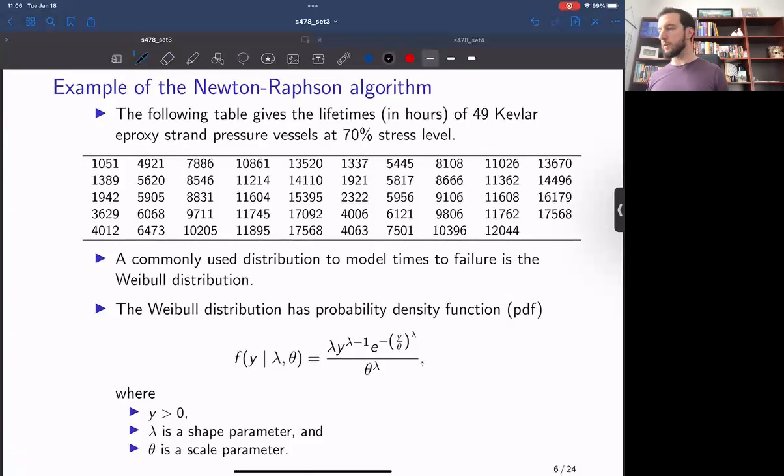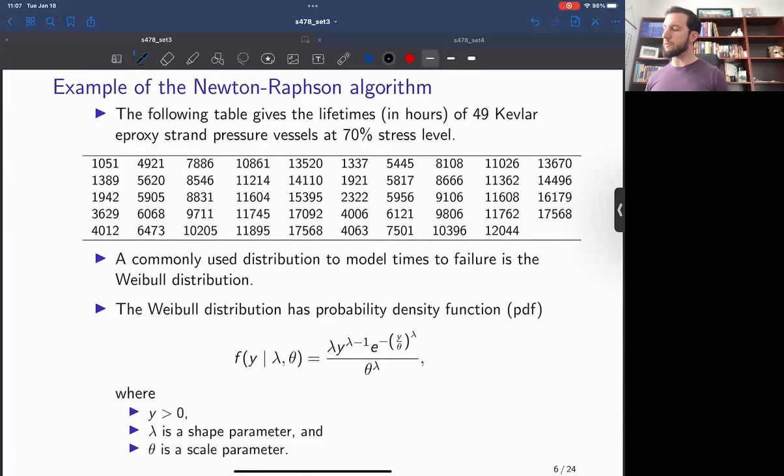What we're interested in doing is maximizing for theta, given lambda is known. We're going to specify a value of lambda a little bit later. In order to do that, we first derive the log likelihood function. Then we derive an equation for the score function. We'll notice that that score function cannot be solved directly, so the update for theta cannot be found directly. So we need to employ the Newton-Raphson, and then we're going to set that up.